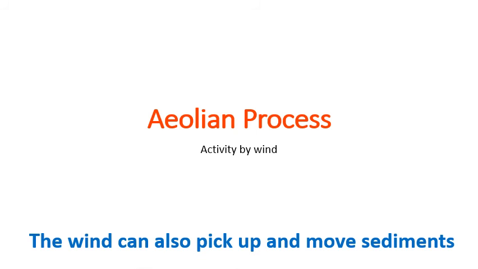Now, let's switch to wind. Now, an aeolian process. This is a kind of a catch-all term that describes any activity by the wind. And we're specifically going to talk about erosion, but an aeolian process is something that the wind does. And the wind can pick up and move sediments. The wind can cause erosion.